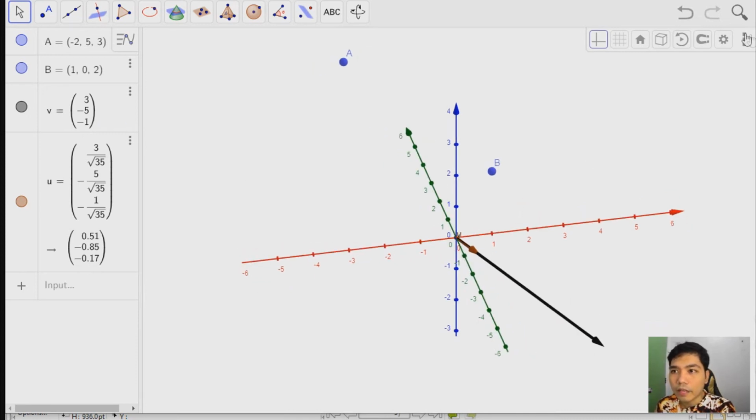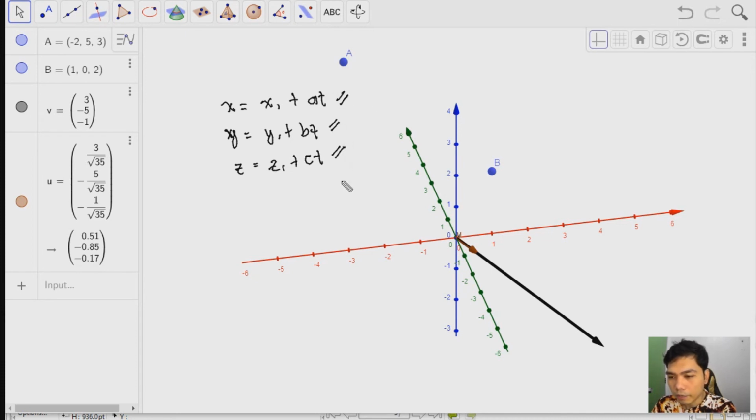And then after that, to determine the parametric equation, you can write x would be equal to your x1 plus at, and then your y would be y1 plus bt, and then the z would be z1 plus ct, wherein t yung ating ginagawang variable parang for the parametric equation, and then ano naman yung ating x sub 1.